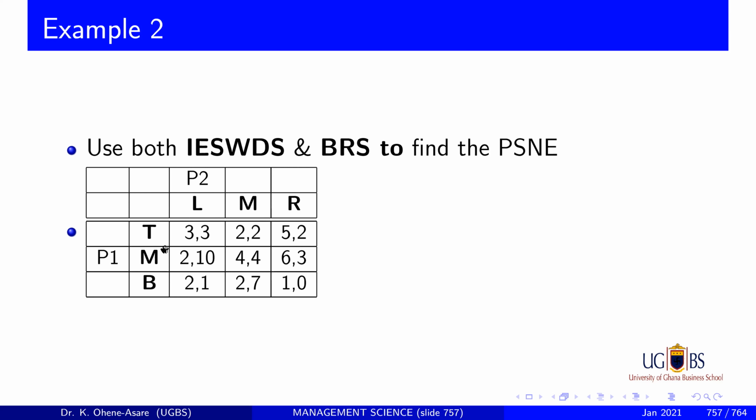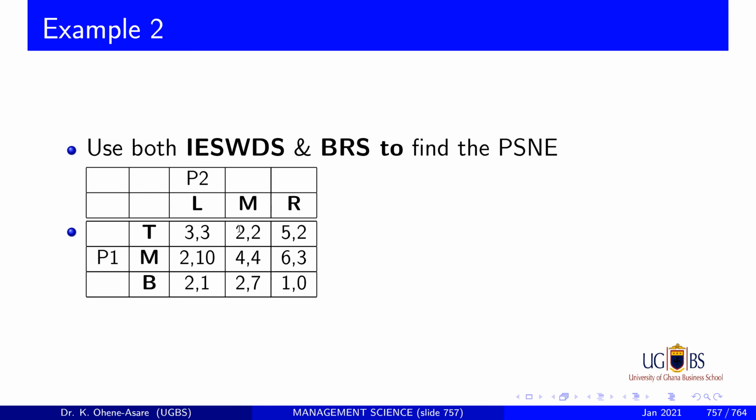So first, iterative elimination. What you do is compare the strategies. When you take strategy T, you're comparing it to strategy M, and it must be bigger in all numbers for it to be strict. So if I am comparing strategy T and M, I'll compare 3 and 2, and I'll see that T is better.